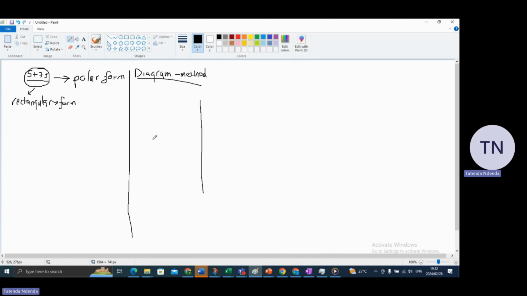We understand that from the diagram we're having the y-axis as well as the x-axis here. So this is our x-axis that we're having here.